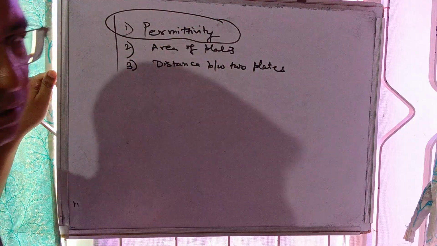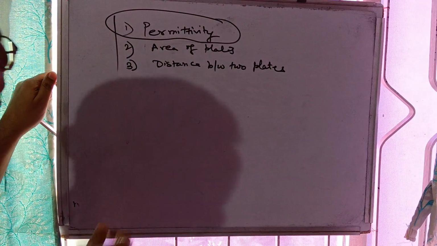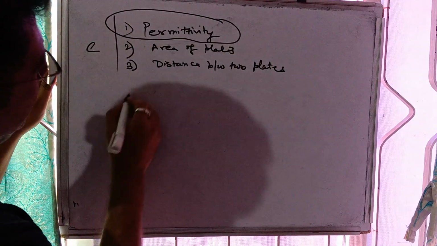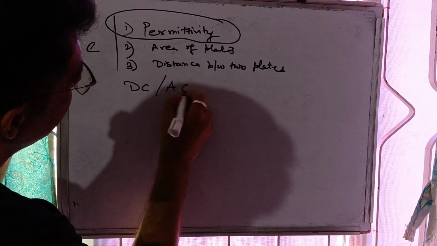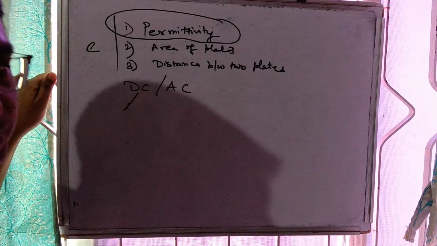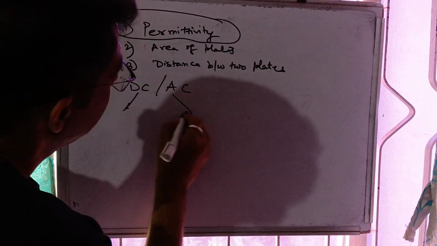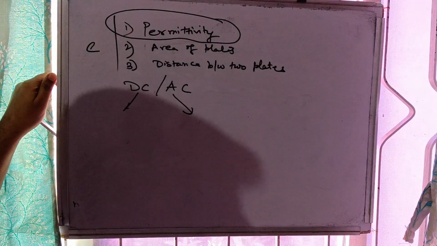In fact all of these play an important role in deciding the value of capacitance. And there is a different behavior in DC and AC, because in DC it behaves totally differently, and in AC it behaves totally differently.